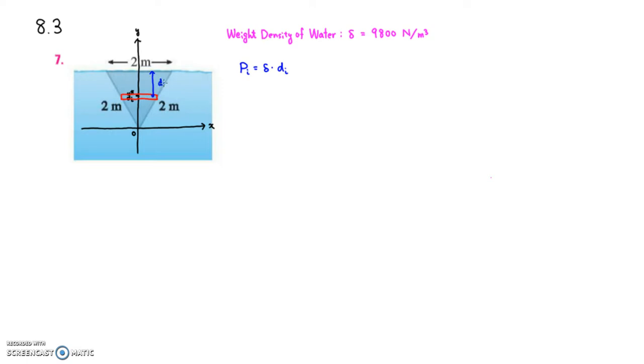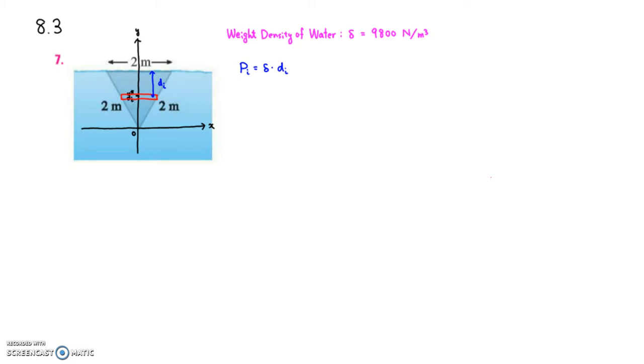Since this is an equilateral triangle, this is 30 degrees here and this is 90 degrees here, so the ratio is 1, 2, and the square root of 3.